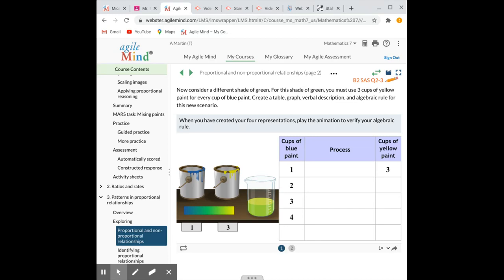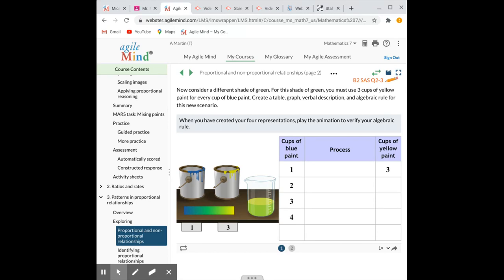Now considering a different shade of green. For this shade of green, you must use 3 cups of yellow paint for every cup of blue paint. Create a table, graph, verbal description, and algebra rule for this new scenario. I want you to create the table, the graph, a verbal description, and an algebraic rule for this same question.